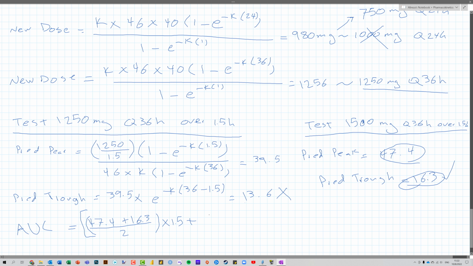And then we add the difference of peak and trough, 47.4 minus 16.3, divided by k.